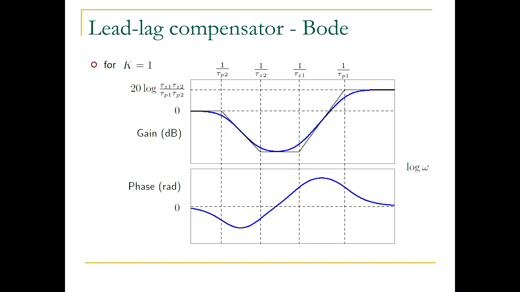This is consistent with the fact that a lag at lower frequencies typically won't hurt us so much, whereas we might need lead at higher frequencies. This is quite consistent with two different examples we did over the last two lectures. In one lecture, we were just using lag, we didn't have any lead, and in another lecture, we only had lead, we didn't have lag. But the idea of having the phase characteristic for lead lag in this way is consistent with both of those examples that we considered earlier, right?